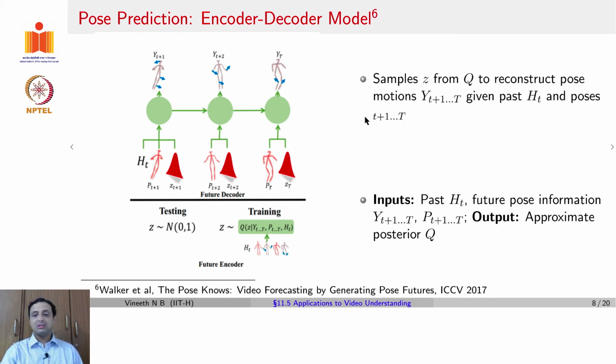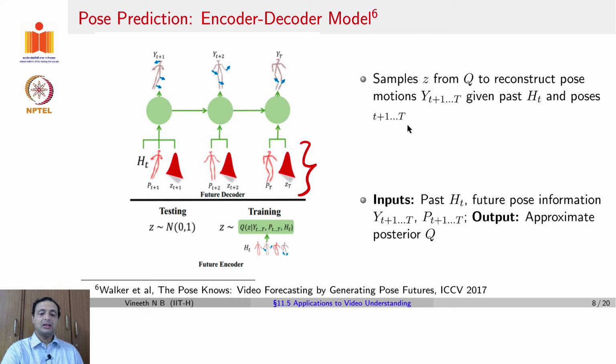The decoder samples from Q, not exactly Q, but from a prior that is close to the approximate posterior Q, which is how the VAE learns to reconstruct the motions yt+1 to yT, which are your pose velocities, given past ht and poses t+1 to T. This is shown in the input of the future decoder.